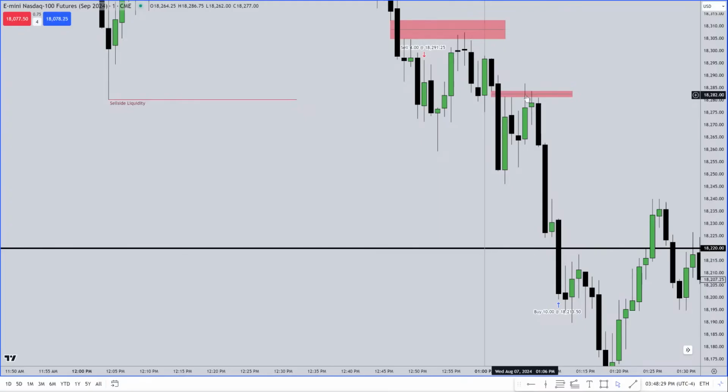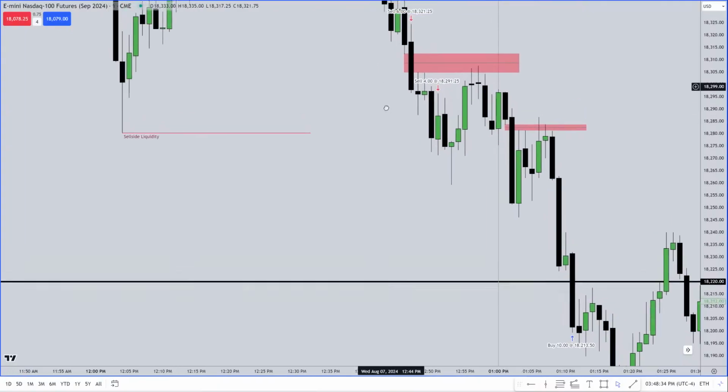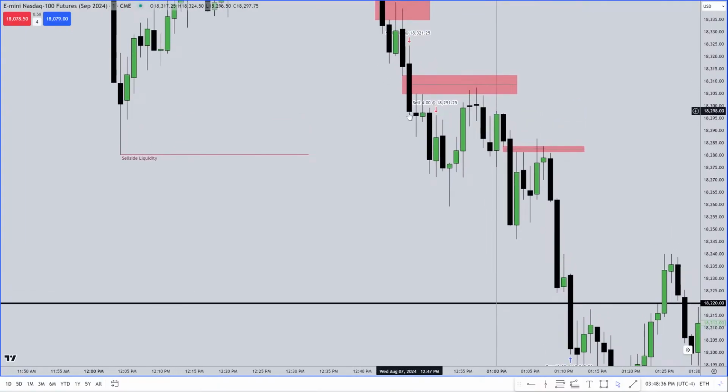Inefficiencies, I'll say this much. You have one side of the delivery offered to it, meaning that, for instance, let's go back to this one here. This sell side imbalance, buy side inefficiency has sell side delivery. Sell side delivery is always one-sidedness moving lower. Sell side liquidity is what's resting below that low.